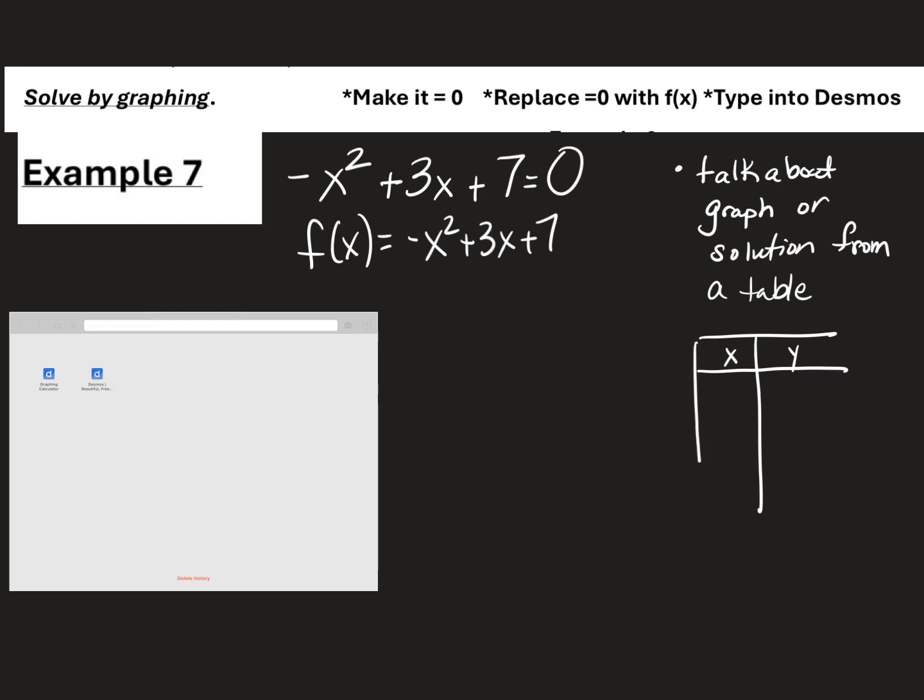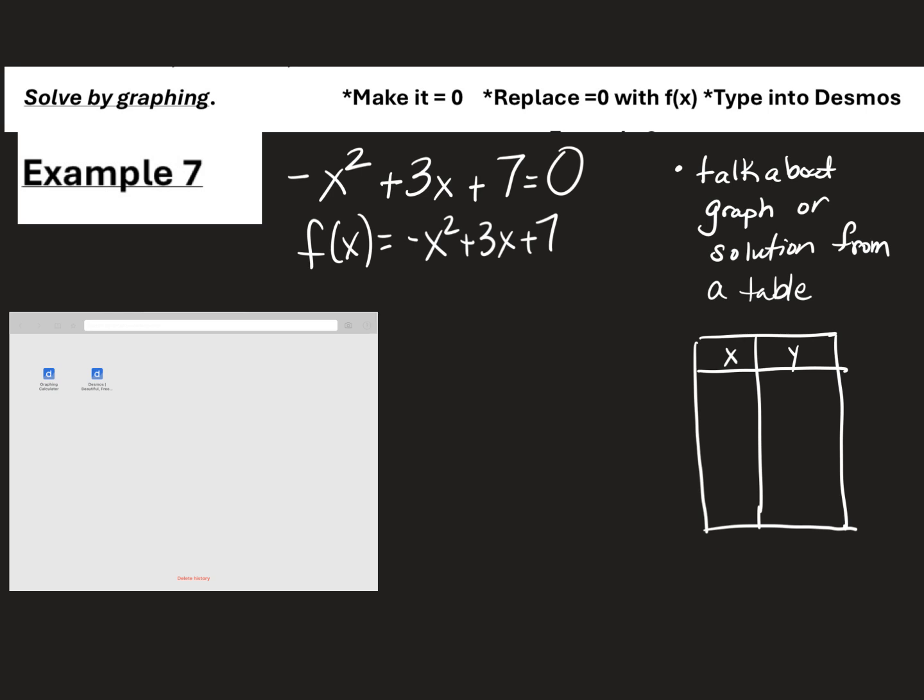Well, we know that in a table where the solutions are whole numbers, we're going to have 0 for the y, because the solutions are the x-intercepts, and that's where y is 0. But if you don't have that, let me type this into my graphing calculator so I can come up with a table.